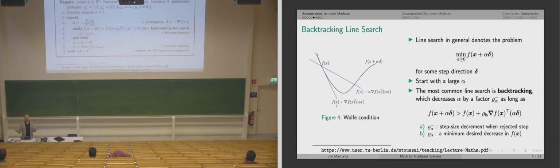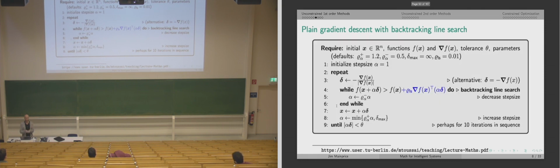Okay, so if we put the ideas of backtracking line search together with gradient descent, we end up with the following algorithm. What it takes as input is a vector in the space that we are searching, an initial value. We have the function, we have a way to query the gradient at any point of the function. We have a tolerance with which we want to get out of the algorithm, and we have parameters, and we initialize the step size to 1.